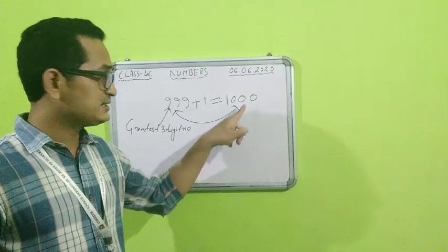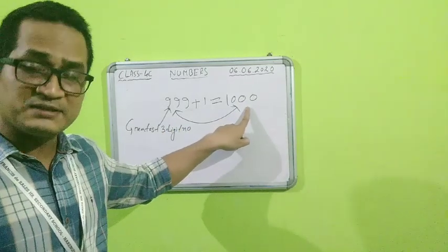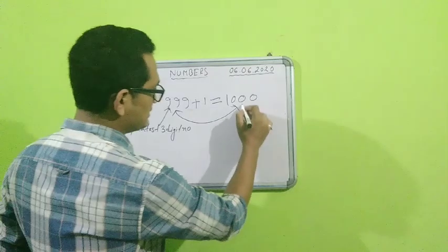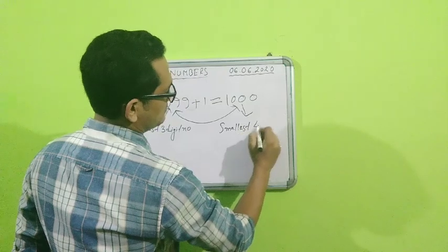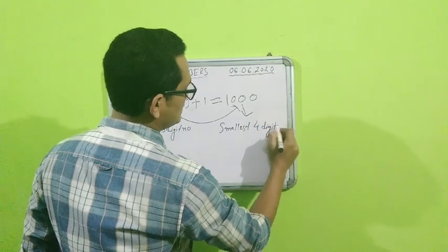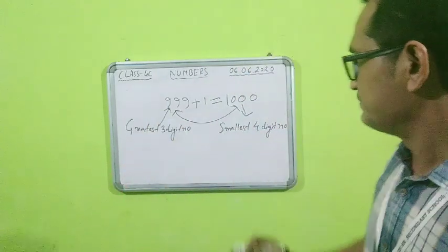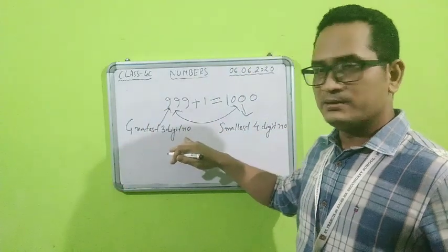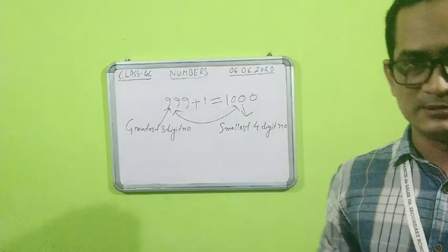Now, what is the speciality this number has? This number is the smallest 4-digit number. So students, you can see a pattern here. When we add 1 to the greatest 3-digit number, we get the smallest 4-digit number.